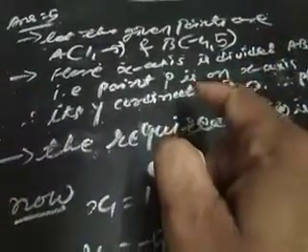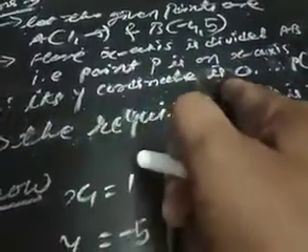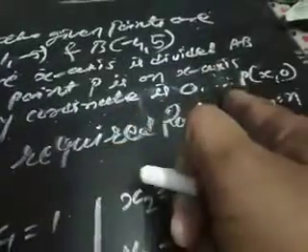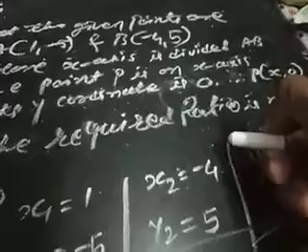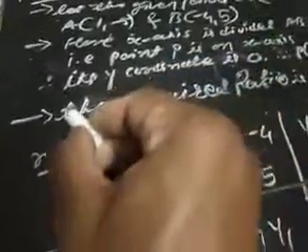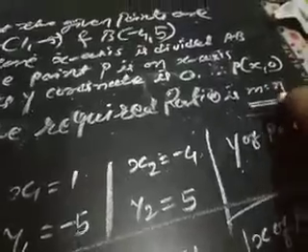If any point is on the x axis, then the y coordinate becomes 0, so the coordinates of the point are (x, 0).